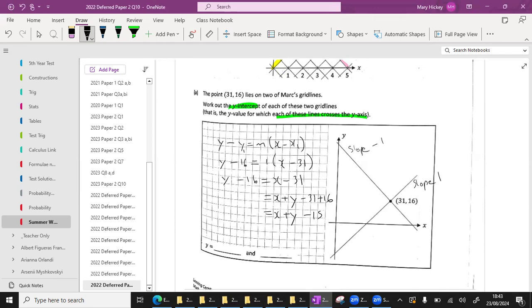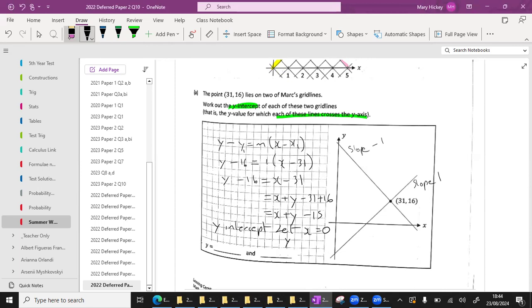Now, if it's a y-intercept, then you can let x equal 0. So for that reason, y would end up being, so what was that? I've done something wrong. y minus y1 equals m times x minus x1.